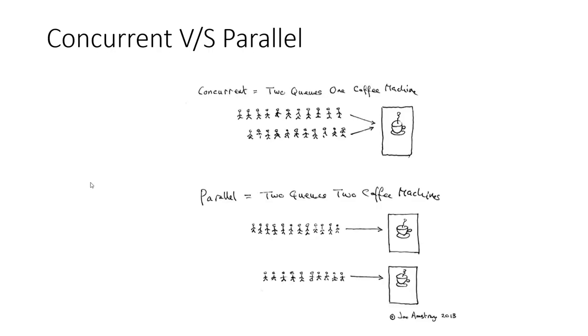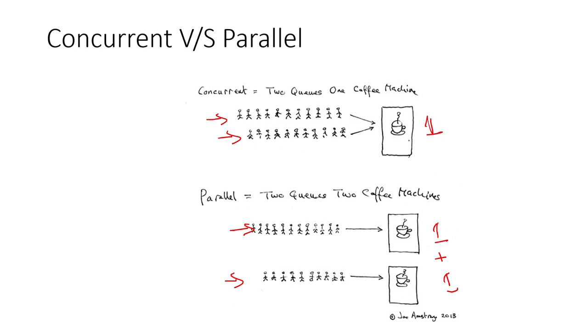As you can see in this picture here, we have a concurrent section and a parallel section. In the concurrent section, we have one coffee machine which is serving two queues of customers. And in the parallel section, we have two coffee machines and two different queues of customers.